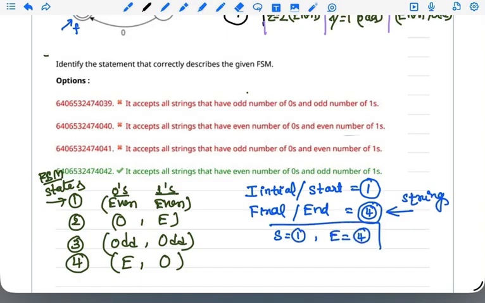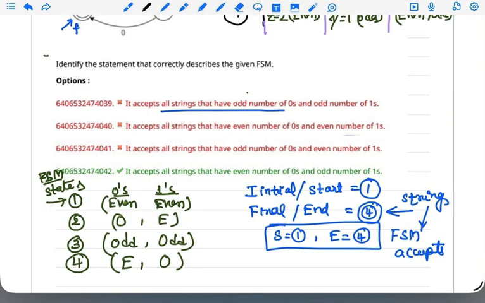So this is the FSM accepting strings. Now let us look at the options. The first option is that it accepts all the strings that have an odd number of zeros and an even number of ones.